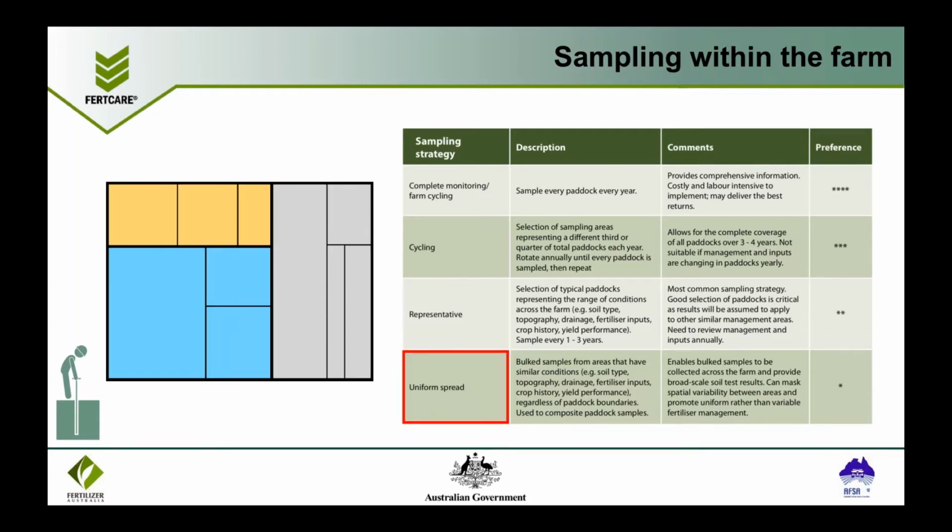Another potential approach that is used is what we term here as uniform spread, where samples are bulked across a number of paddocks within a zone. But I guess this does introduce some significant issues in that you're going across areas where there's potentially more variability.